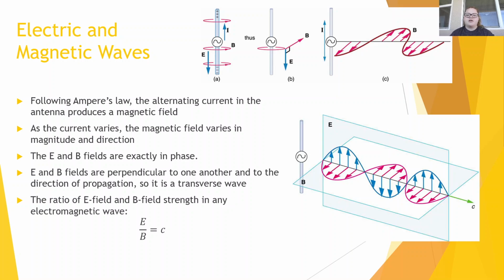So up here at the top, we see that we have the same antenna and an alternating current, and we have our E field, and therefore some sort of magnetic field B, okay? And what we notice is that the B and the E field are perpendicular to each other, okay?